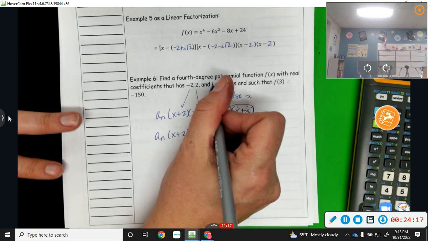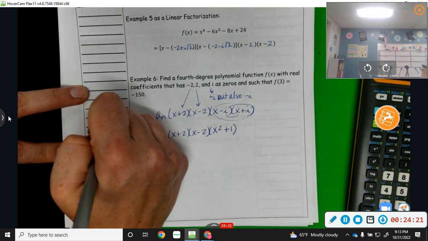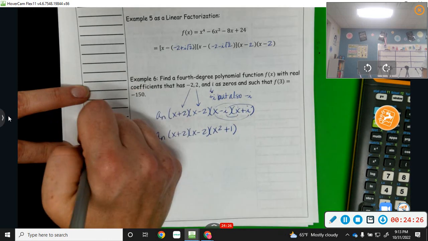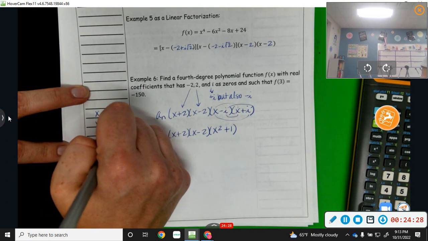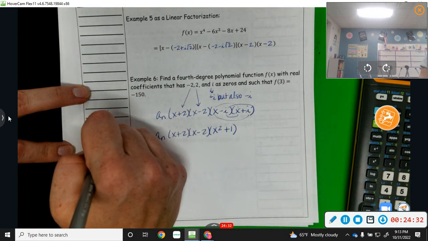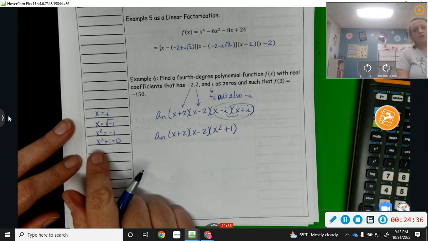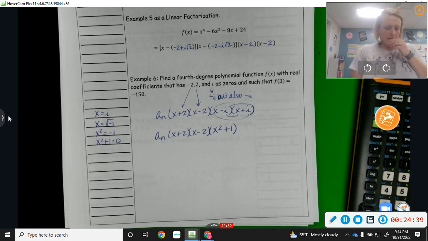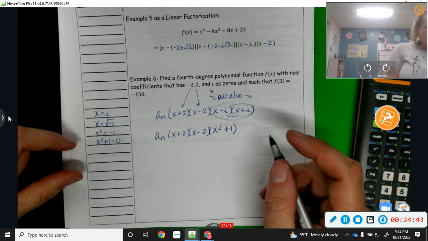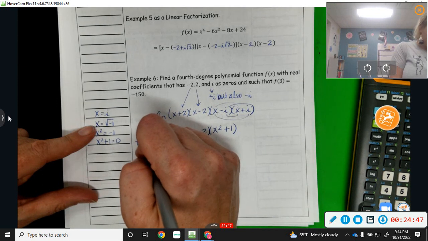Another way to think about this is if you have i as a root, x equals the square root of negative 1, and so that means x squared equals negative 1 when I square both sides. And if I move that to the other side, the original factor that I had was this, okay? So conjugates always happen like that. Square roots will always happen like that too, okay? Because you end up squaring, creating 2 of them. Okay, well, that's my f of x.